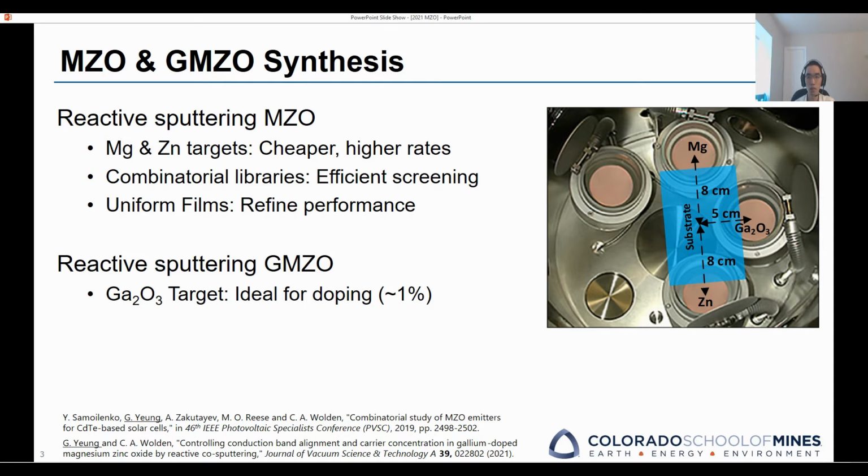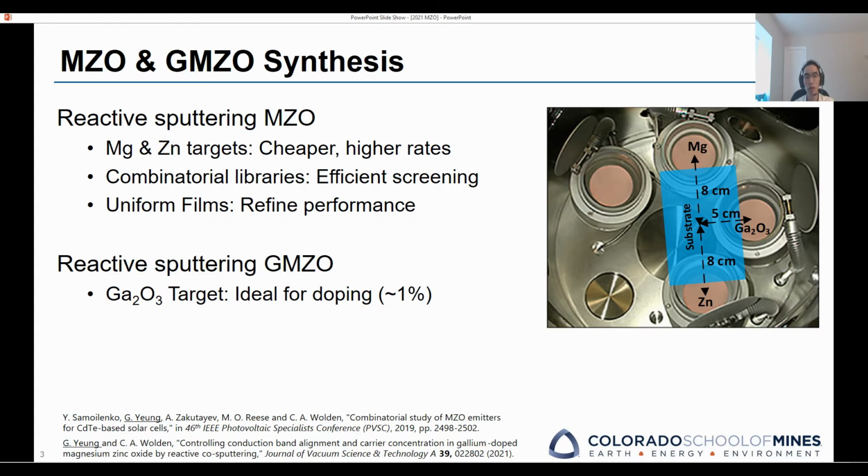At CSM, we sputter deposit MZO using the Sputter 2 setup as shown in the right figure here, with the magnesium and zinc metal targets sitting diagonally, and on the side we have a gallium oxide target. We reactive co-sputtered MZO, which provides a faster and cheaper deposition method compared to a single ceramic MZO target.